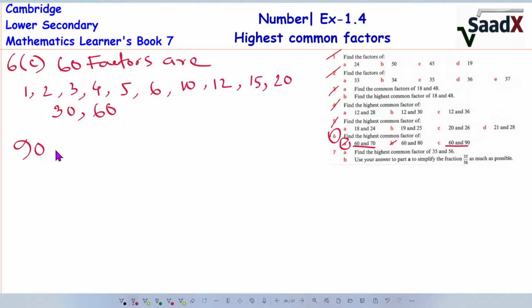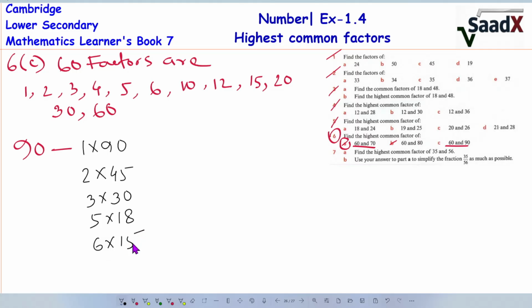Now 90. 90 we can write 1 times 90, 2 times 45, 3 times 30, 4 is not possible, 5 times 18, then 6 times 15, 7 is not possible, 8 also not possible, 9 possible, 9 times 10, so I think it's enough. 11 is not possible, 12, 13, 14, 15 already written this one.